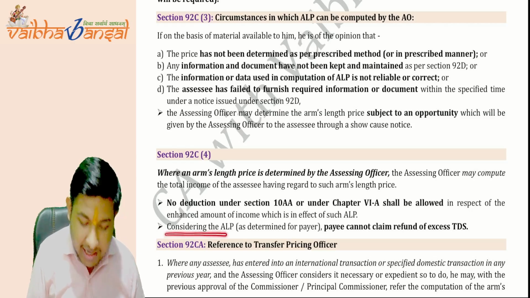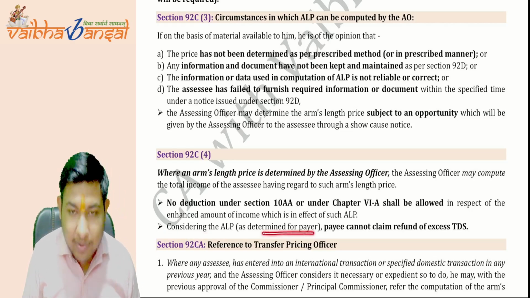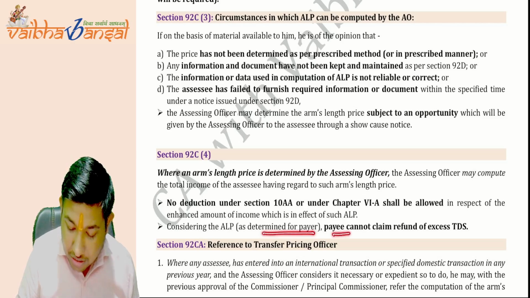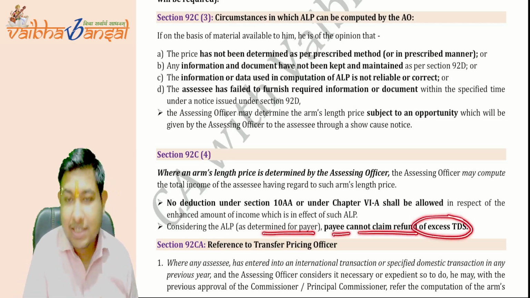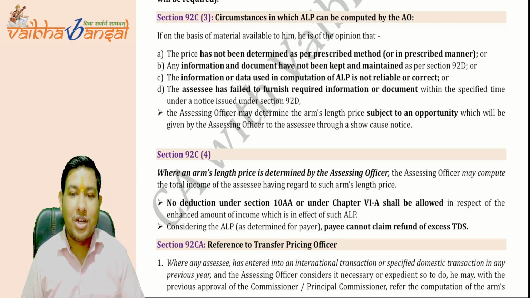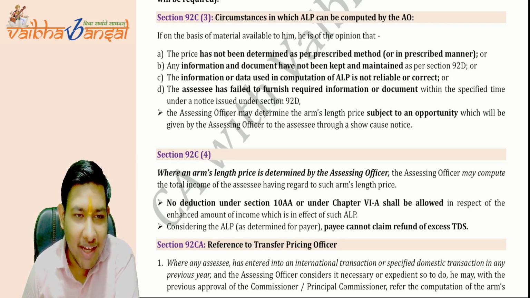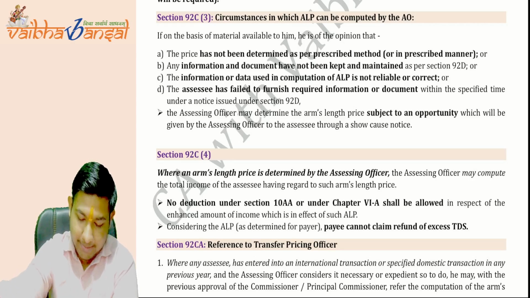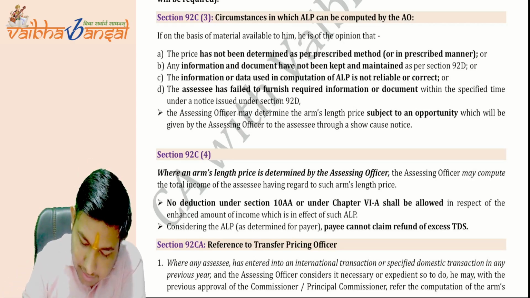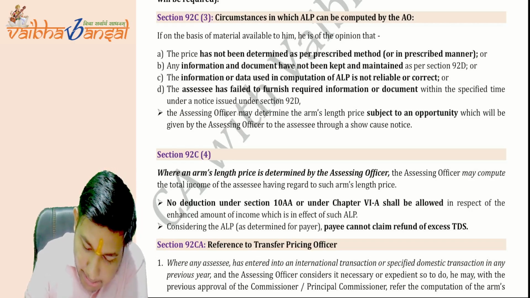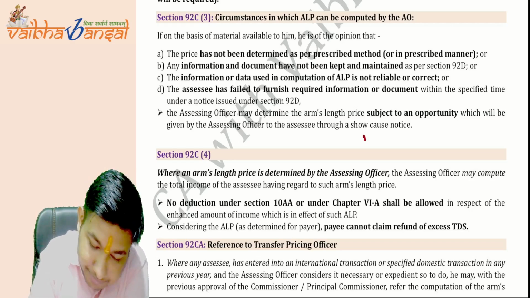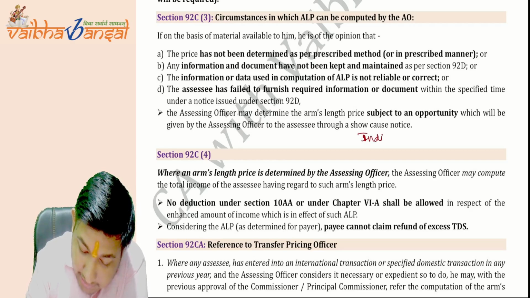Now, considering the ALP as determined, for the payer, the payee cannot claim a refund on such excess TDS. What does it say? Suppose this is India, and we are the payer.